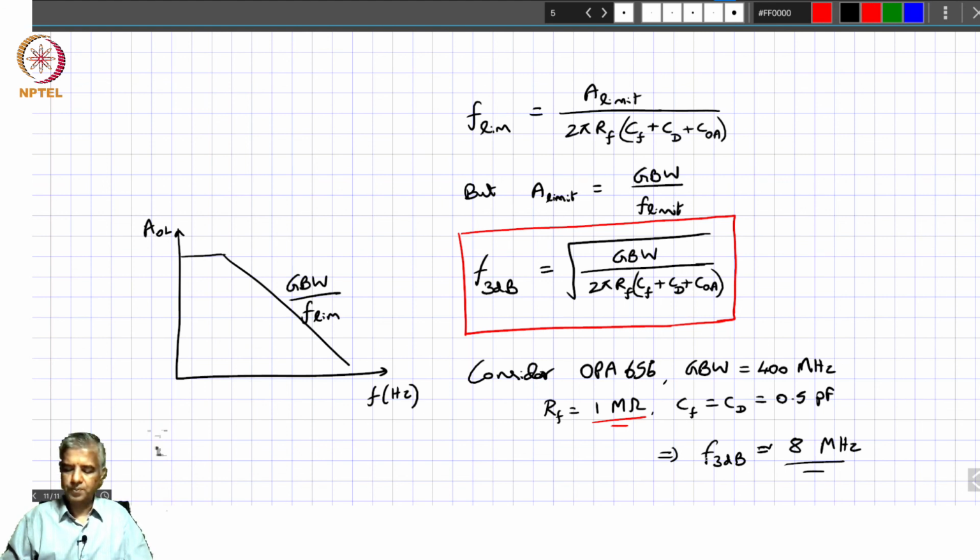So you essentially have these op amp based transimpedance amplifiers where we once again play a trade-off between the maximum gain that you want to achieve from the transimpedance amplifier versus the bandwidth that you want to maintain in doing so. Okay.